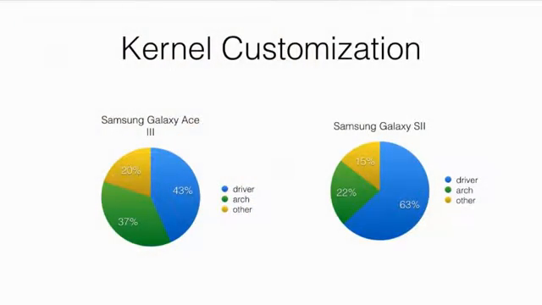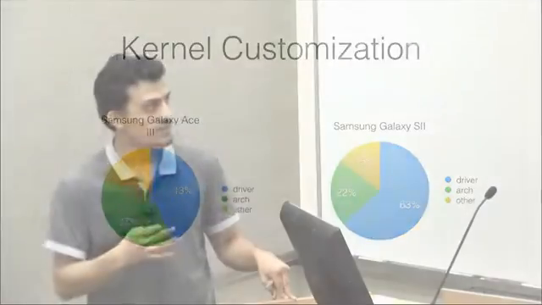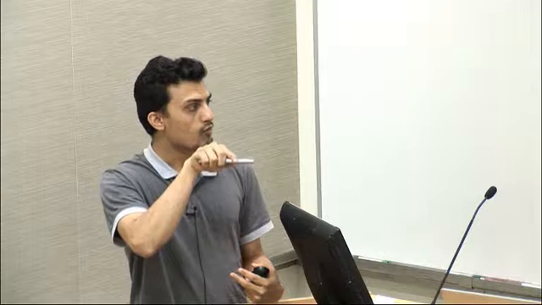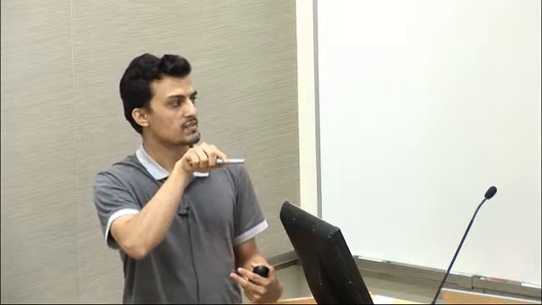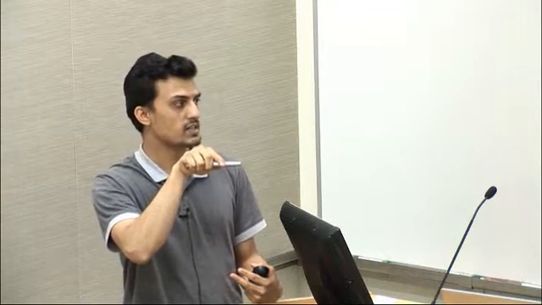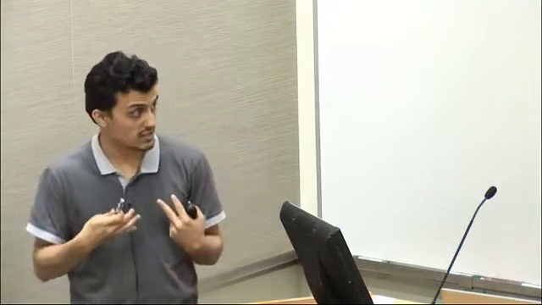So the customizations that are done at the kernel layer, they customize different things. We analyzed different phones for what type of customization has been done, and on the Samsung Galaxy S3, you can see that 43% of the customization in the kernel is being done in the driver folder.